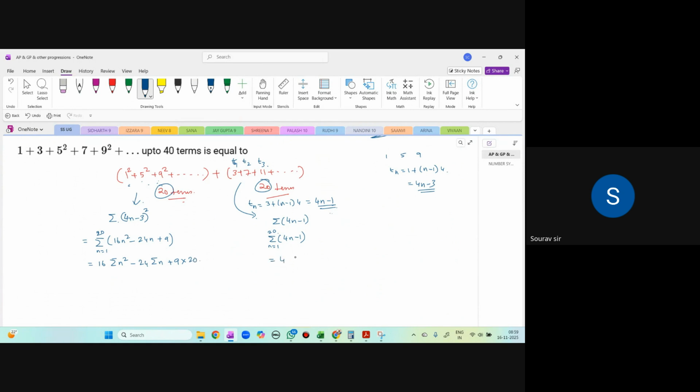And this would be 4 into sum of n minus 1 into 20. So this is 16 into sum of the squares of the first n natural numbers, which is n into n plus 1 into 2n plus 1 by 6, minus 24 into sum of the first n natural numbers, which is n into n plus 1 by 2, plus 9 into 20. And this one would be 4 into n into n plus 1 by 2 minus 20. And after this, you put n equal to 20 in both cases.